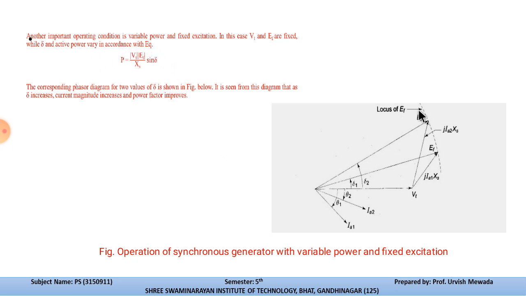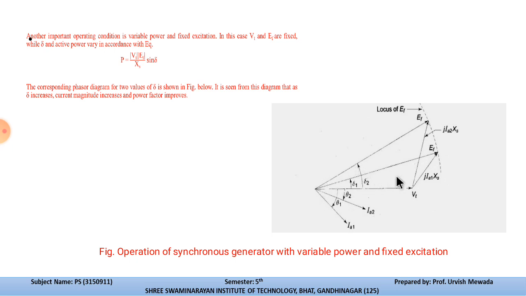The corresponding phasor diagram for two values of delta is shown in this figure, and it is seen from the diagram that as delta increases, the current magnitude increases and the power factor improves.